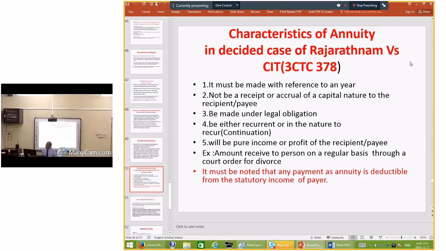In Sri Lanka, there are a lot of cases of people receiving more than 500,000 of annuities and paying taxes. If the payer deducts it as an expenditure from extraordinary income, in the recipient's hand it must be income chargeable under section 3.